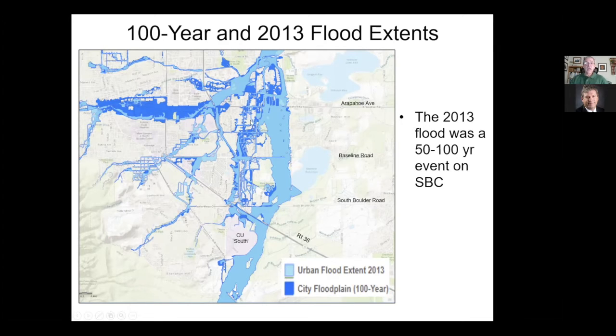In contrast, if we look up at the top where my mouse is, you can see a big difference between the dark blue shading and the light blue shading. This is in the downtown Boulder area, and this is flooding from Boulder Creek itself. But we're talking about South Boulder Creek today, and so not a whole lot different between the 2013 flood and a 100-year event, but it's thought to be slightly less than a 100-year event.